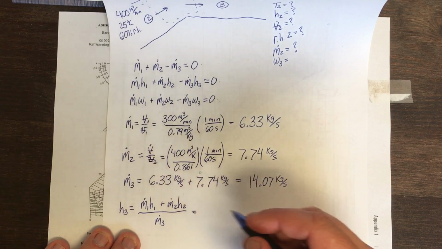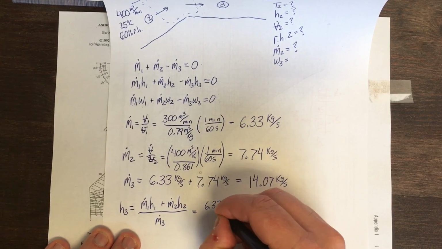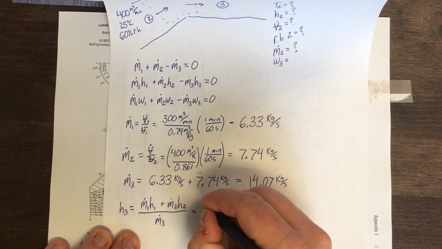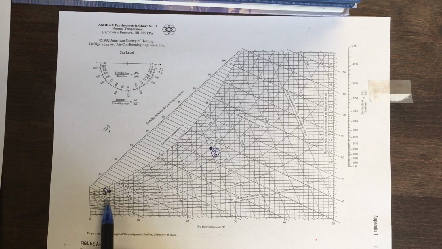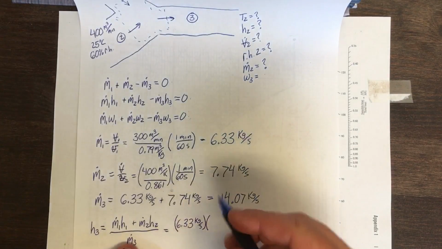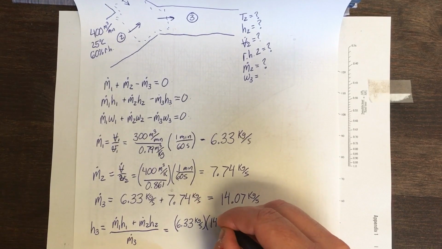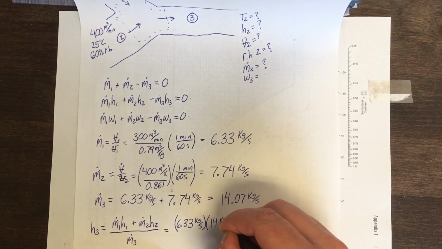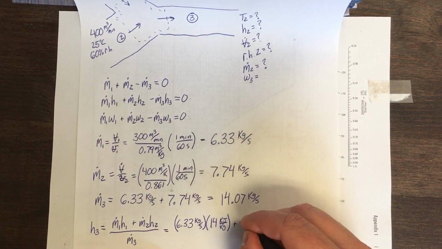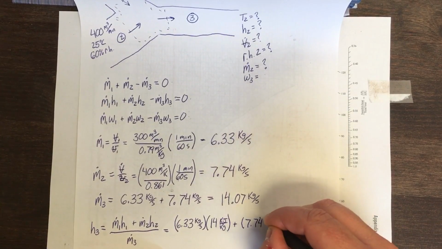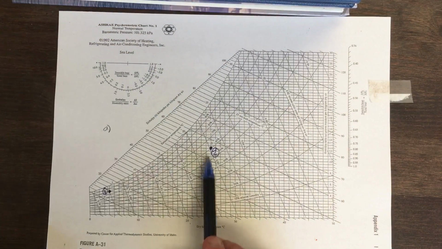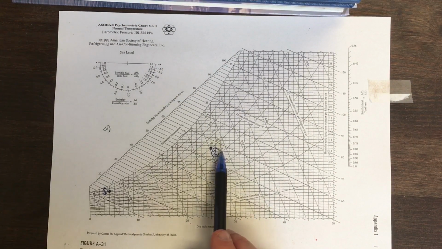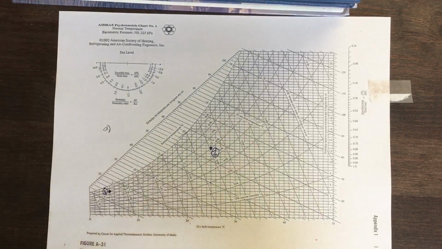All right, mass flow rate 1, 6.33. Enthalpy 1, 14. And then mass flow rate 2, enthalpy 2. There's 50 and 60. I'm going to call that 56.